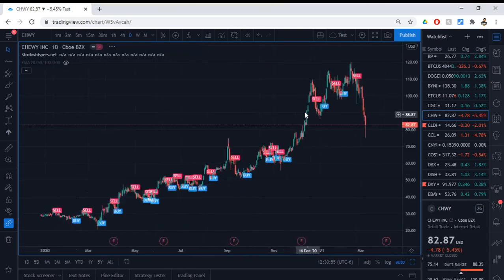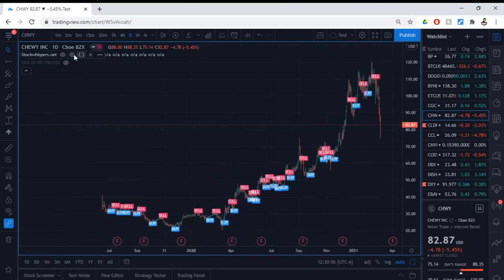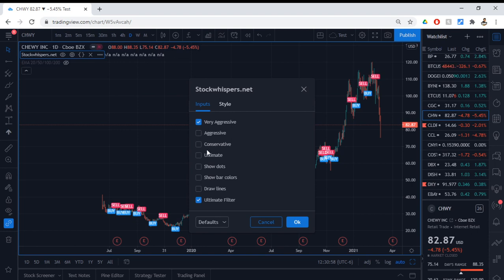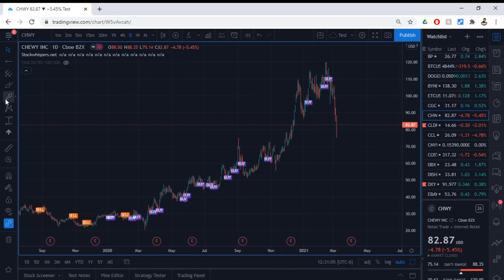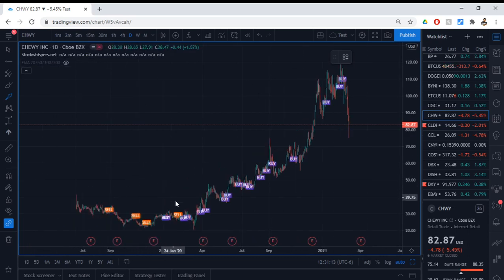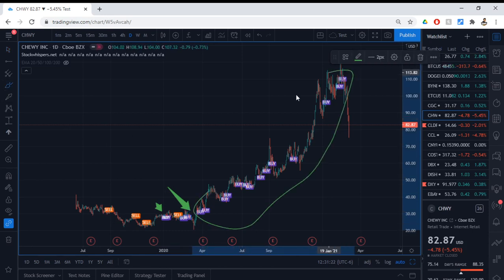I'm going to put it on a daily chart and on the conservative, and instead of buying 20,000 on every buy signal, I'm going to buy $50 on every buy signal. And I'm going to go boom, boom, boom, and buy them all. So when do I get into Chewy?